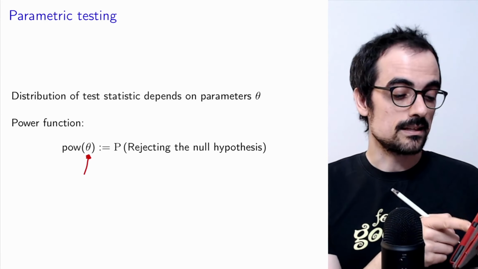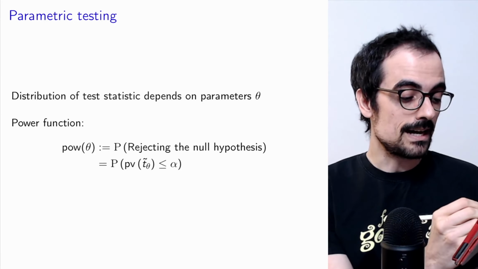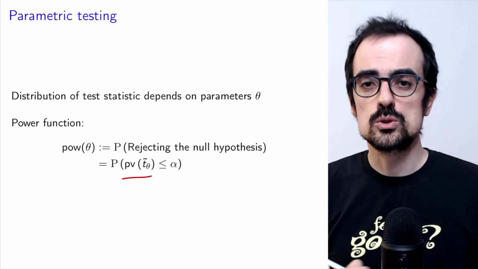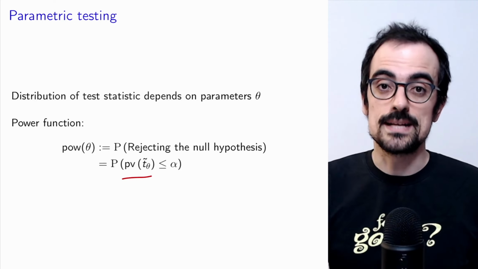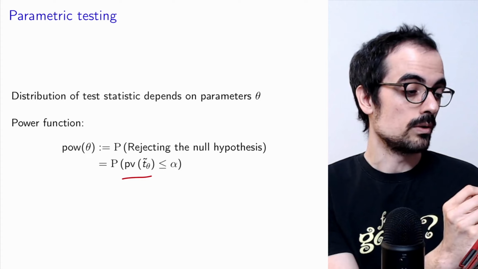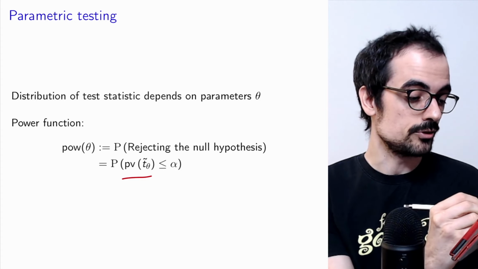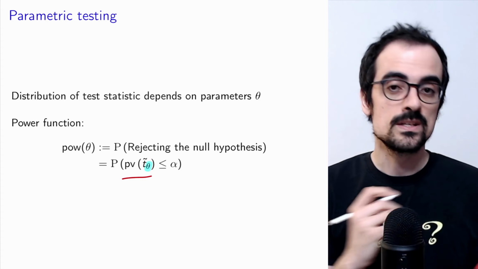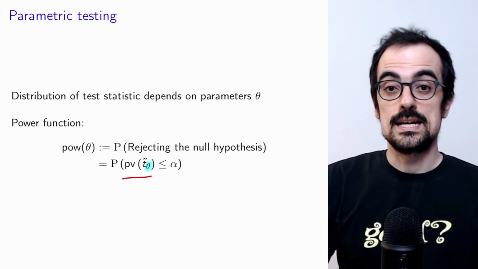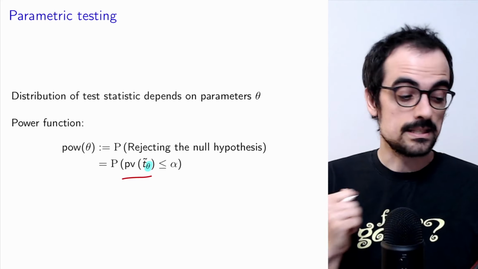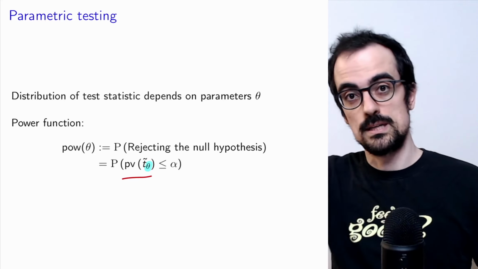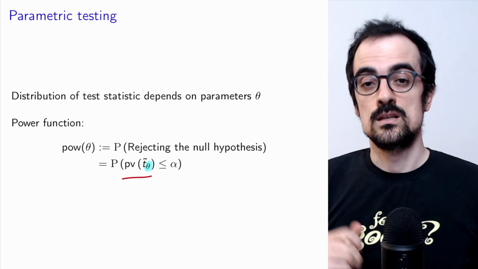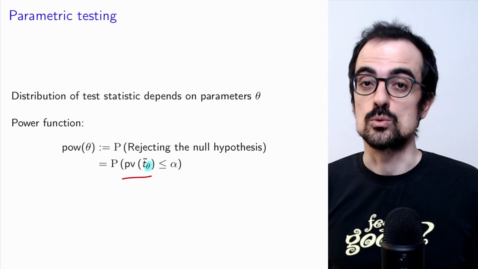Remember that we reject the null hypothesis when the p-value is smaller or equal to alpha, and the p-value at the end of the day depends on the test statistic. So here the test statistic is distributed according to this value of theta. It gets plugged into the p-value function to obtain the corresponding p-value, and if that is smaller or equal to alpha, we reject. This is a function from theta to the probability of rejecting when the test statistic is distributed according to that value of theta.